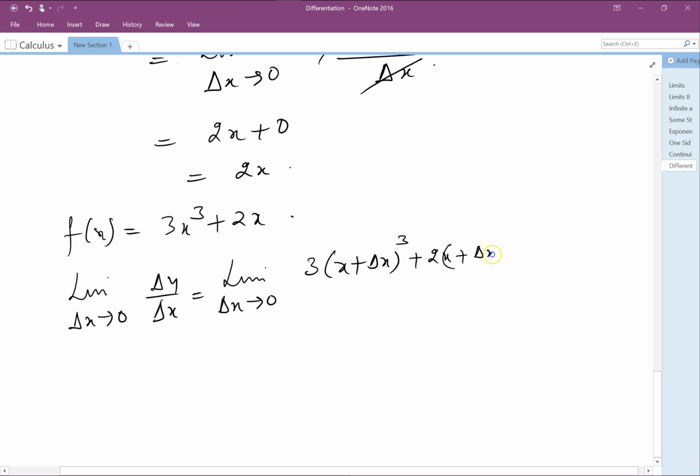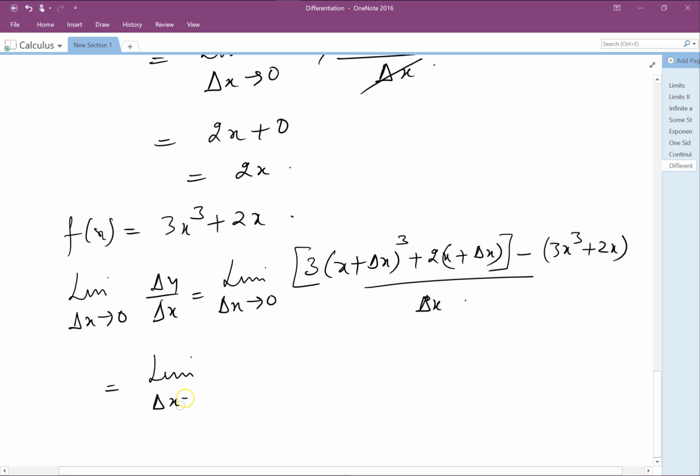(x plus delta x). Remember, this is the first part. Second part is minus f of x, minus (3x cube plus 2x), divided by delta x. So limit as delta x approaches 0.